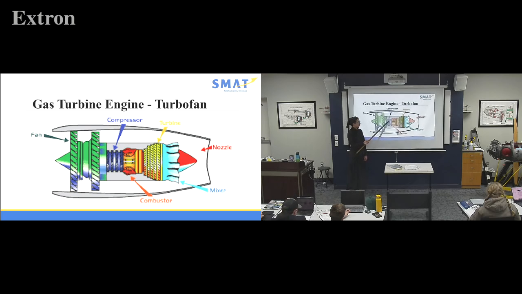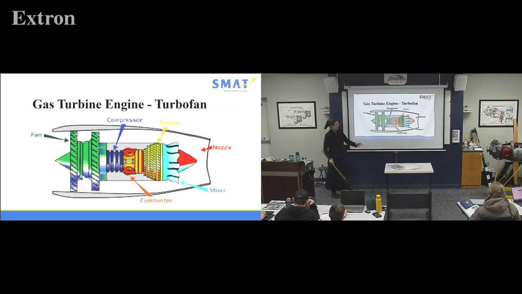Compressor, compressing down our air, and the combustion section where the burning of that fuel air mixture is happening. And then expelled back onto our turbine. The turbine extracts the energy from that combusted air. What is the job of the turbine? To turn and drive the compressor, and then out the exhaust.